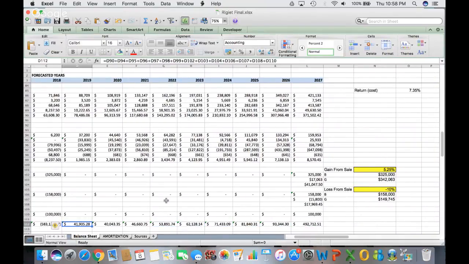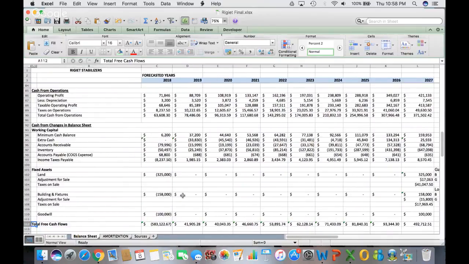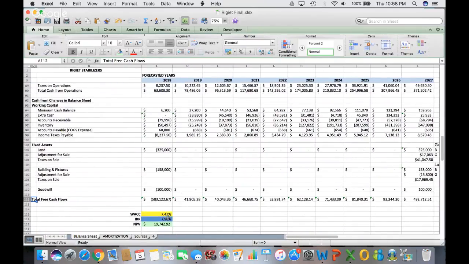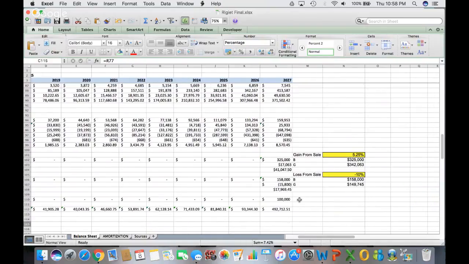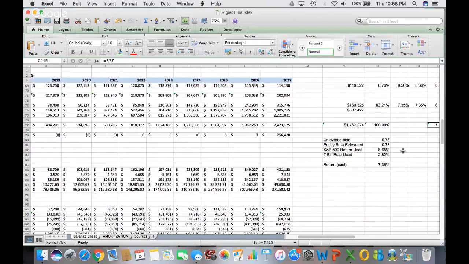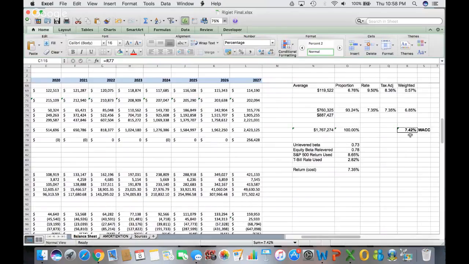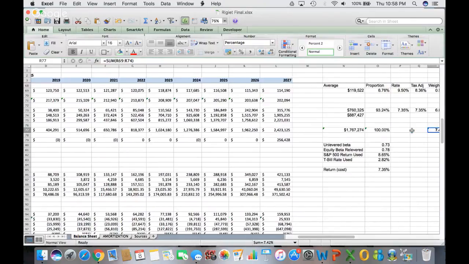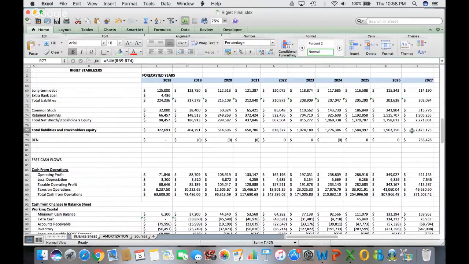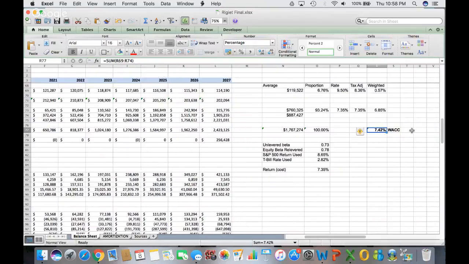And then to find our NPV and IRR, sorry, I guess I should touch on WACC. WACC is referenced from up above, which we calculated over here. And there's the formula, which we had to find the average proportion rate, tax adjusted percentage, and weighted percentage of our bank loan and extra bank loan and total common stock and liabilities, which calculated our WACC.